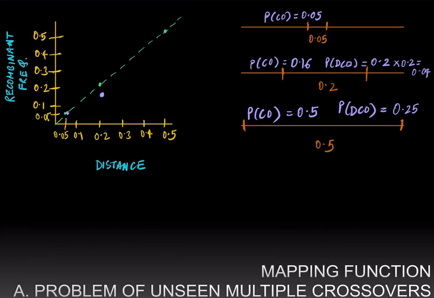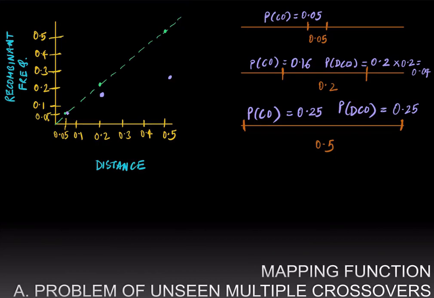And therefore, if I correct my proportion of recombinance, I'm going to get about 0.25 recombinance, because of the large probability of double crossovers. And therefore, instead of observing a recombinant frequency of 0.5 based on our assumptions, we're going to see a much smaller recombinant frequency.